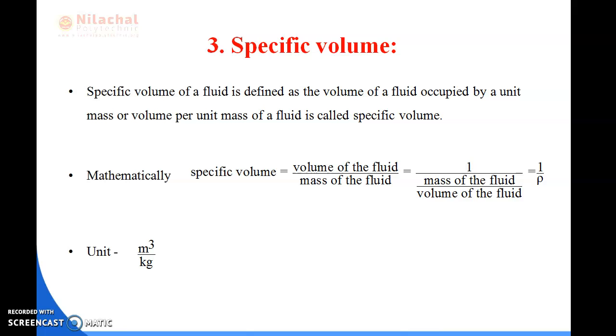Also we can define it as the reciprocal of the density. So mathematically, the specific volume is equal to the volume of the fluid by the mass of the fluid. That is the reciprocal of the density, also we can write 1 by rho. Here also the unit is reciprocal, that is meter cube per kg.